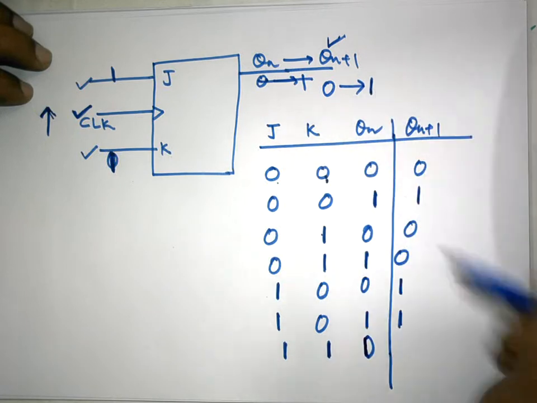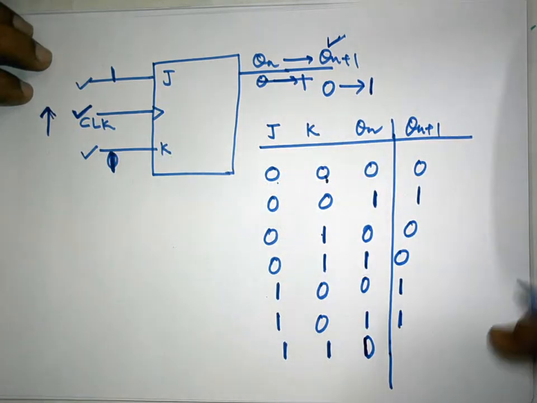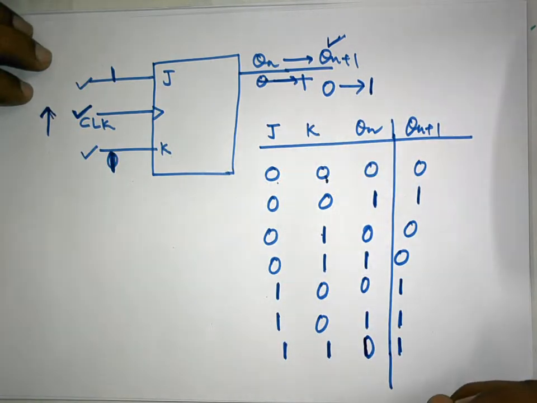It will toggle, means it will change its state, means it will become 1. Getting my point? And if we apply 1 1 and it was 1, then it will become 0. This is the characteristic table which shows the overall behavior of this circuit.